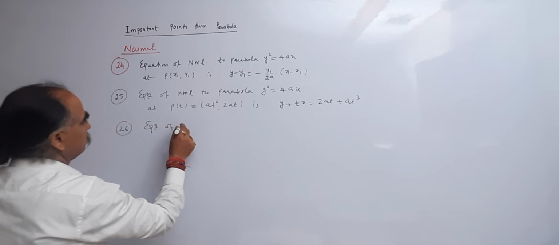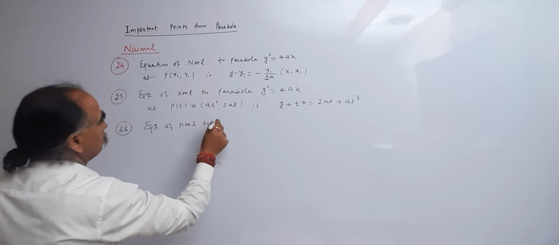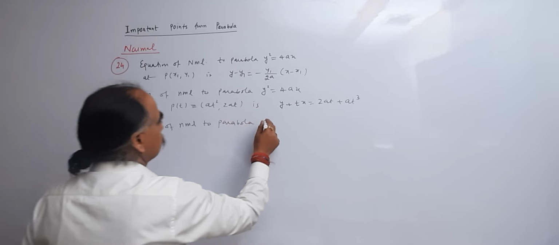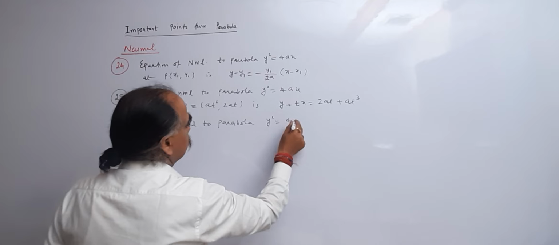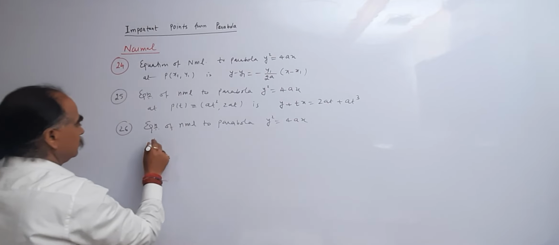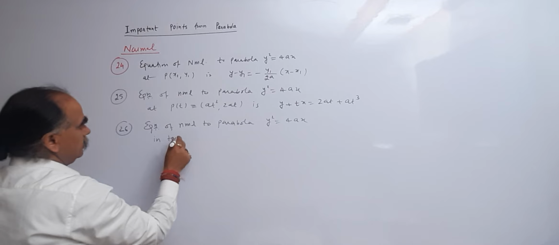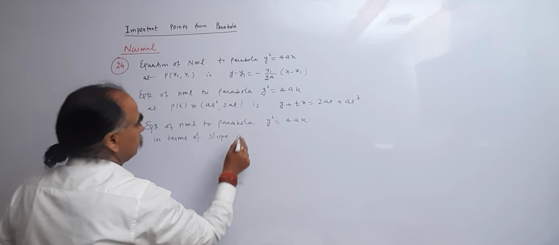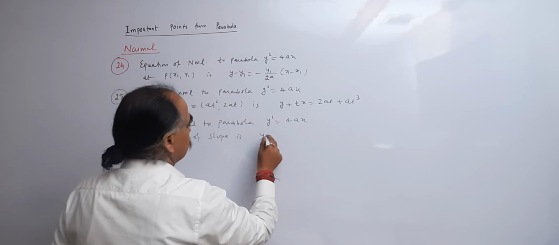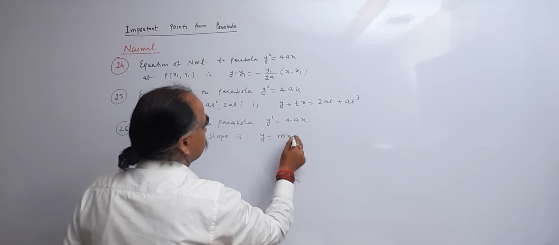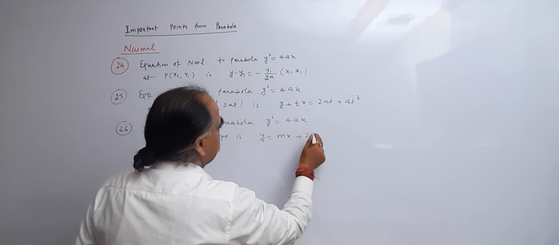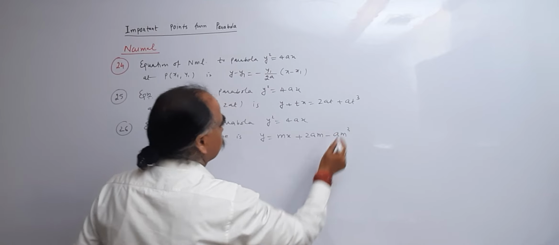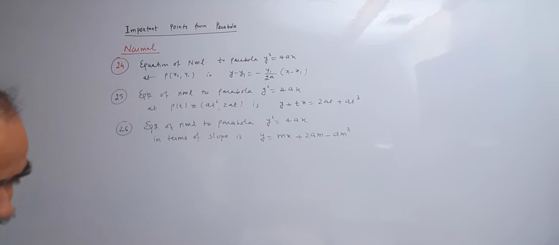Equation of normal to the parabola in terms of slope m is y is equal to mx minus 2am minus am cube.